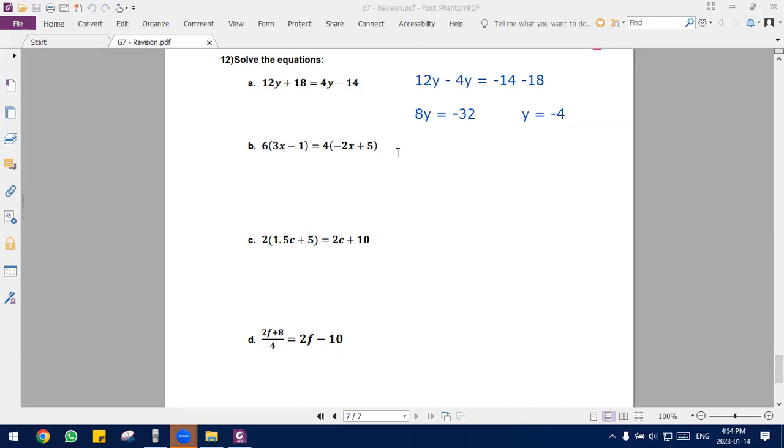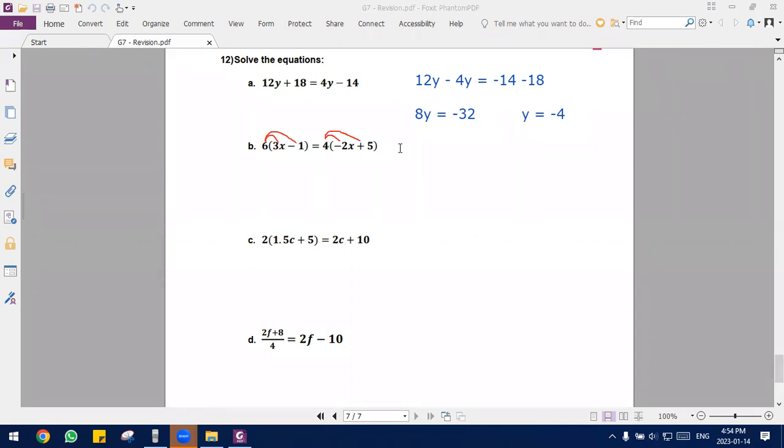Now for the second one, here we have brackets and we have a number outside. So first of all, I need to expand the bracket. What does that mean? We multiply the value outside by the values inside the bracket. So I multiply 6 by 3x and 6 by minus 1. And here I do the same thing.